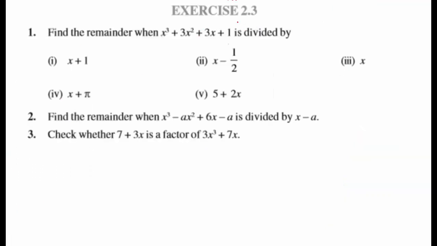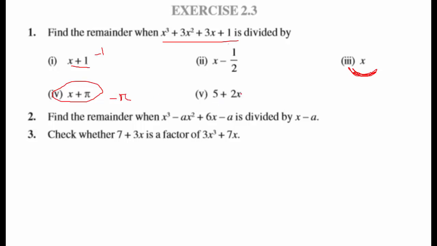Now in exercise 2.3, our first question is to find the remainder when this is divided by x plus 1. Now according to the remainder theorem, you just put the value of a, that is minus 1, and find p(a). Here a is 1/2 and here a is 0, because x minus a, here a is 0. Now if we compare this, then a will be minus pi.